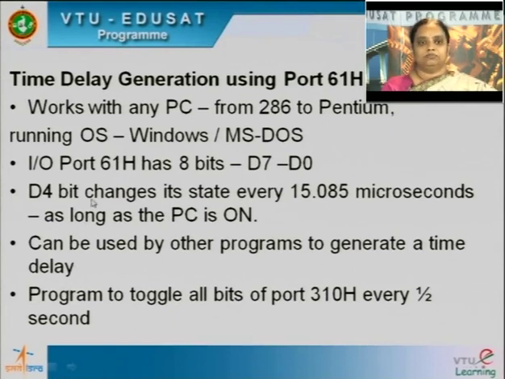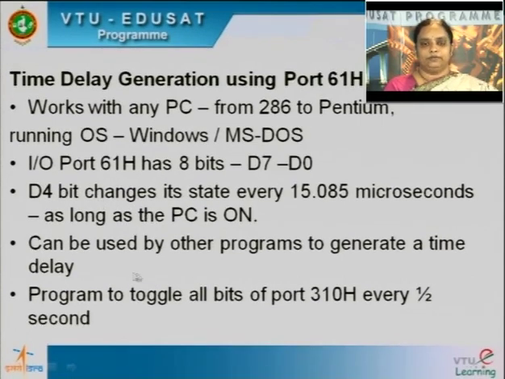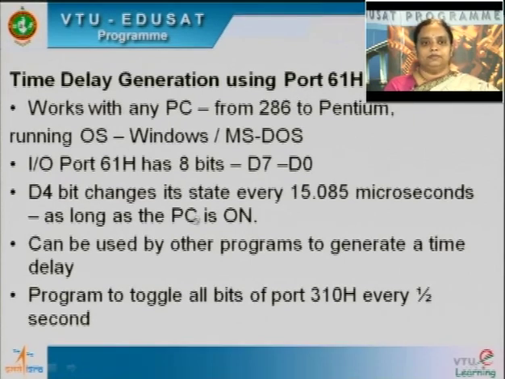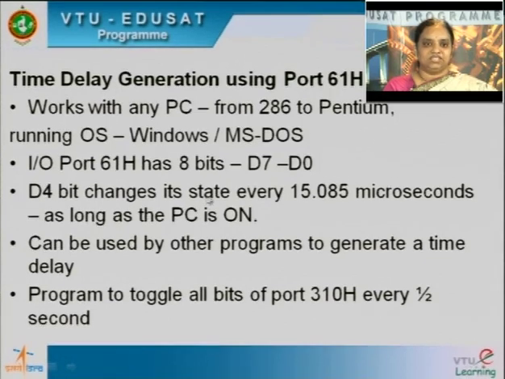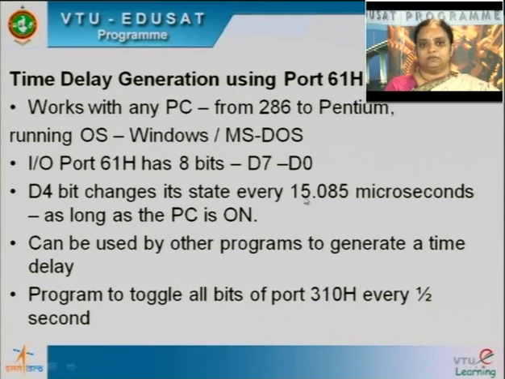The other methods of programming the timer or writing a delay program are quite lengthy and may not be so accurate. The best way is to use port 61H, and at the D4 bit we keep checking how many times it has changed its state. Every time it changes its state, it takes approximately 15 microseconds. Multiply that by however many times we want, to generate whatever time.